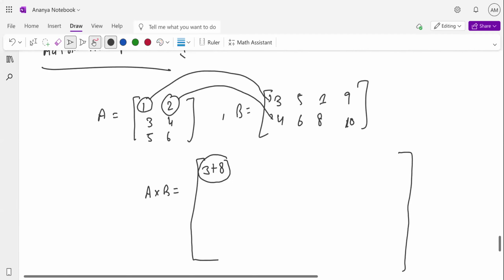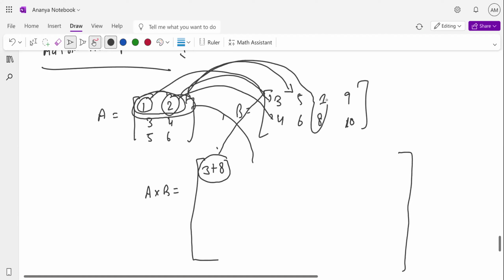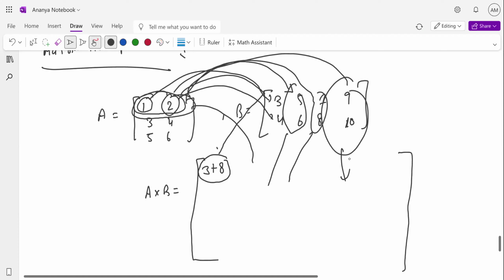Okay. Multiply the first row with the first column to get the first element. Take this row, multiply it with the second column to get another element. If you do this, you will get this one. Understood? This is how you have to do it. Yes, sir.